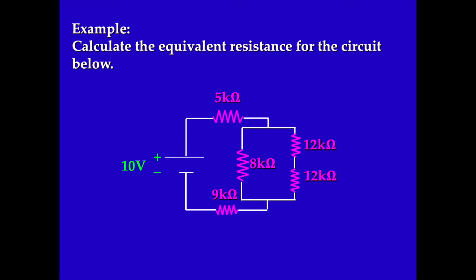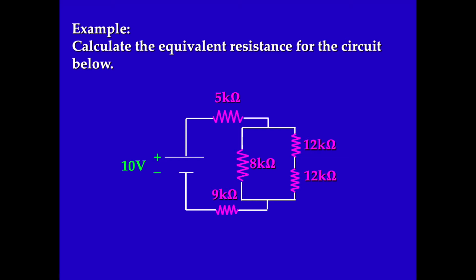In fact, I also want to calculate the power dissipated by each resistor. And my approach will be very similar to the problem I did on capacitors. I'm going to take this circuit and reduce it down to a single resistor. In the problem in the previous chapter, I reduced the circuit down to a single capacitor. So essentially I'm doing the same thing.